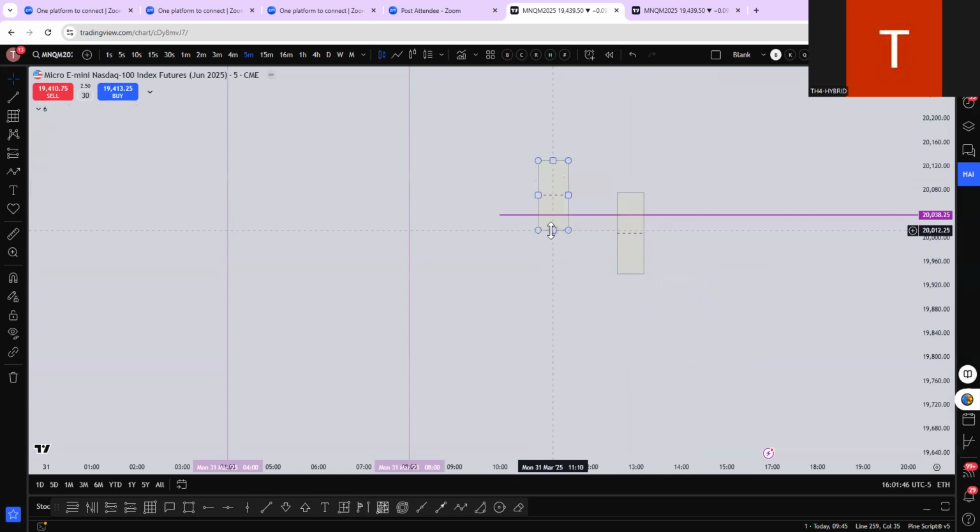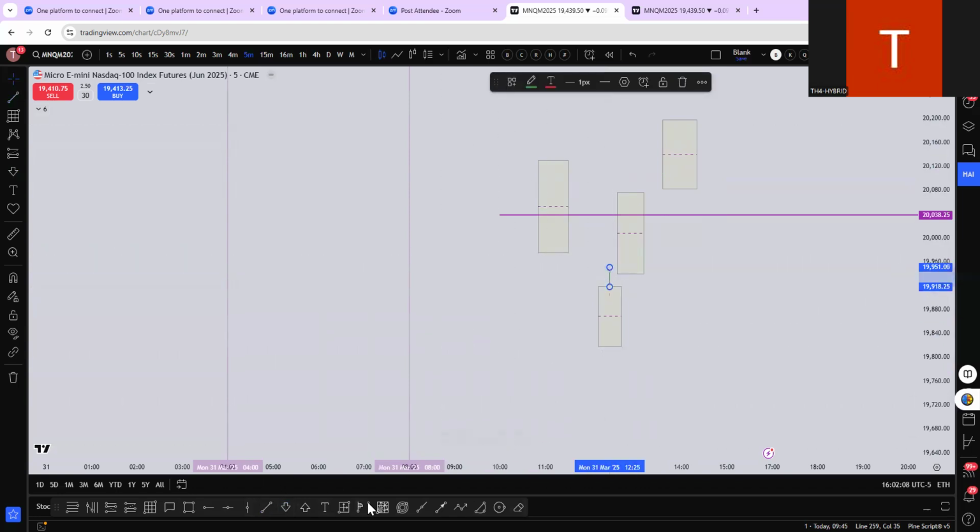The next one is if we get body close, I know the drawings aren't really to scale, but you get the picture.